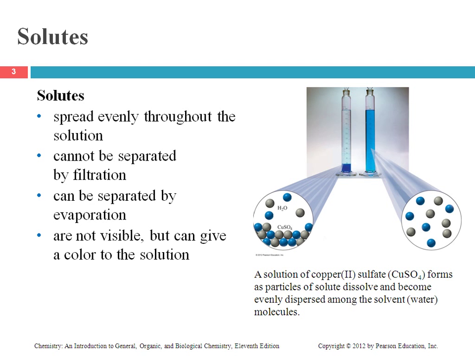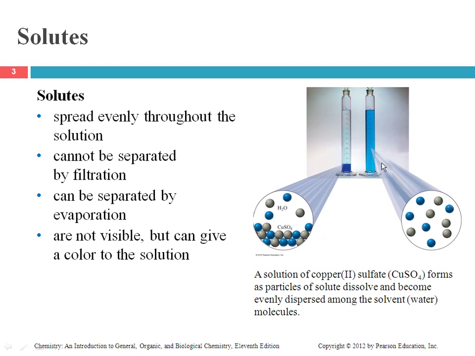Solutes are not visible, but they can give color. So don't confuse color with distinguishable parts, okay? Here is a copper solution, and it turns blue, so this is still a solution. It doesn't have to be clear. It can have color, but it is still a solution because you can still see through it.